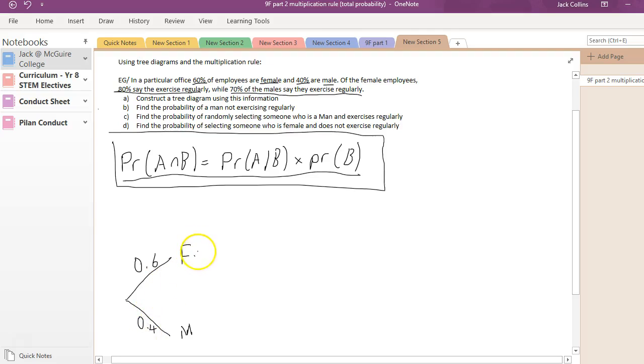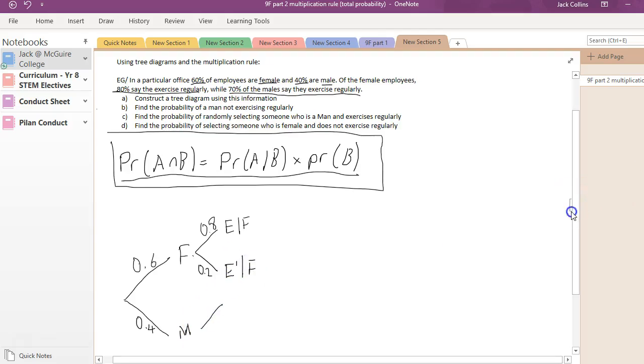Okay. Now, once you've selected a female, there is an 80% chance that you exercise, given you are female. So you've got a 0.8, which means there's a 0.2 chance that you don't exercise when you are female in this office.